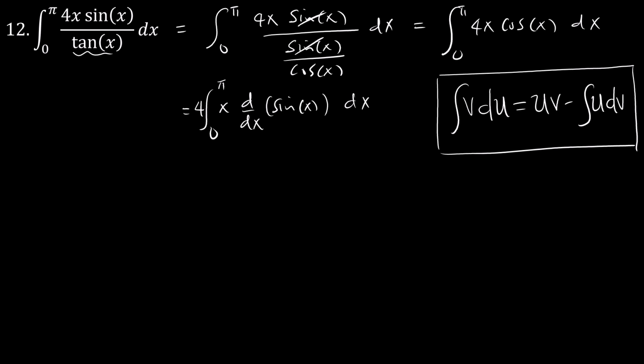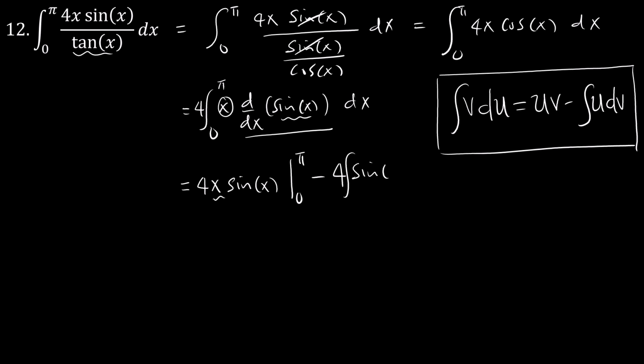And so in this instance, we have this as our u, since we have the derivative of sine of x, and this would be our v. In other words, we have 4x sine of x from 0 to pi, minus 4 times the integral of sine x, and the derivative of x will follow.